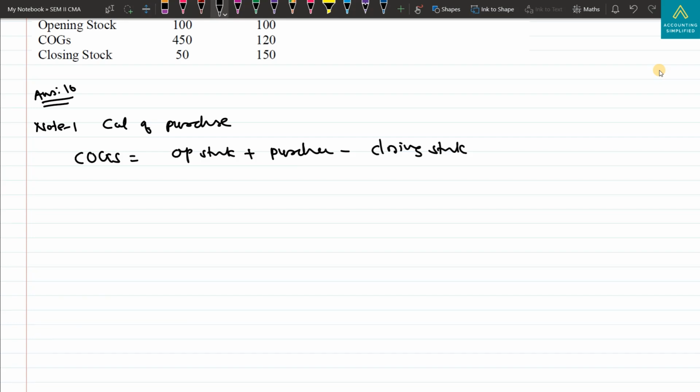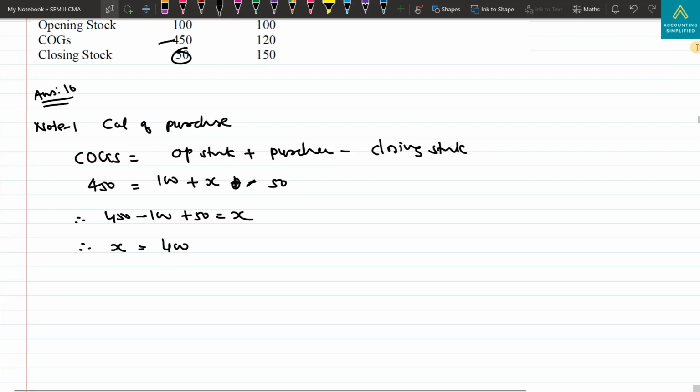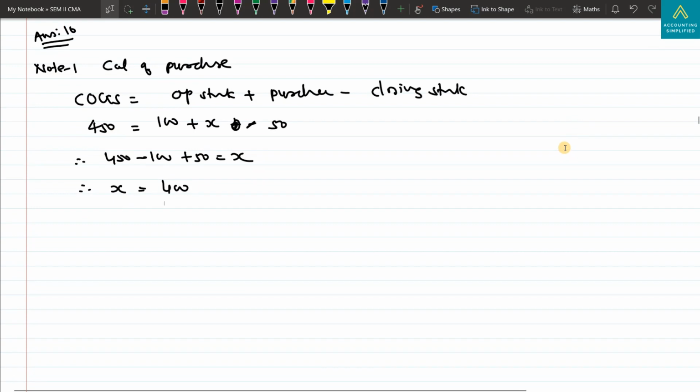So COGS is given 450, so I am writing 450 is equal to opening stock 100 plus purchase is not given, plus x, minus closing stock is 50, right? So if you do the solution of this, 450 minus 100 plus 50 is equal to x, and so x is equal to 400, right? You can calculate your own, but I have done my way.